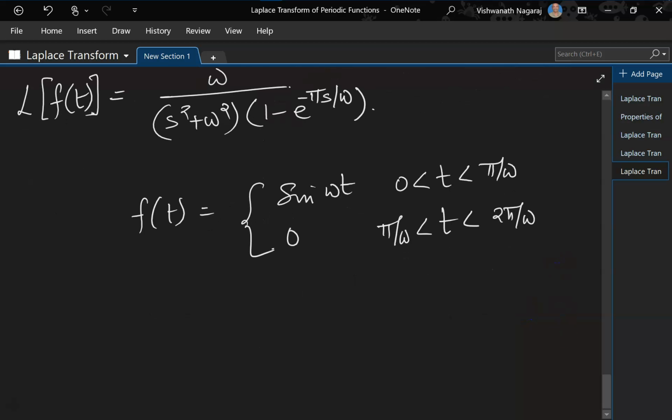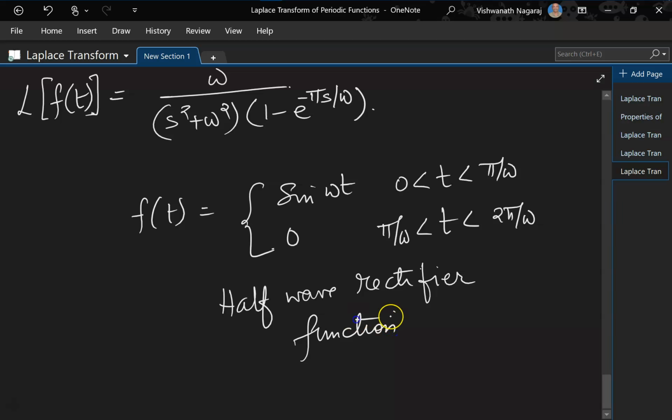The reason you should remember this is that it is a very special type of function called the half wave rectifier function, and the name itself should tell you it has something to do with electronics, which means that in physics you will be using this.